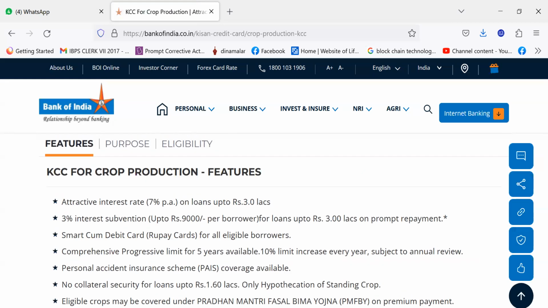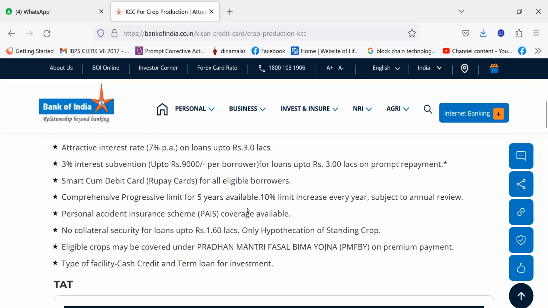Attractive interest rate is 7% per annum on loans up to rupees 3 lakhs. 3% interest subvention up to 9,000 per borrower for loan up to rupees 3 lakhs on prompt repayment. Smart cum debit card, RuPay cards for all eligible borrowers. Comprehensive progressive limit for 5 years available. 10% limit increase every year subject to annual review.